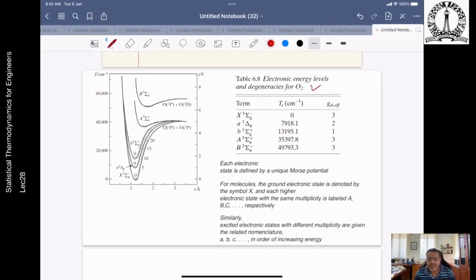Now here, if you look carefully at this particular diagram, you will see that each electronic state is defined by a unique Morse potential. We already covered what a Morse potential is. So each of these electronic energy states is represented by this unique Morse potential.